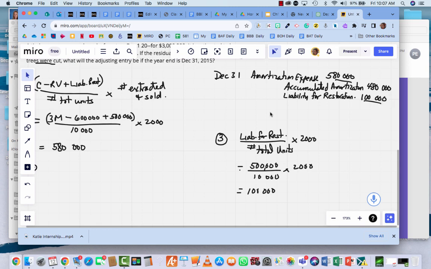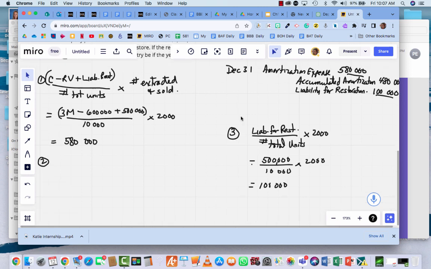So let's go back over here and just do our double check. So you don't have to calculate all three formulas if you're confident, but I like to do it as a check. The other way you can do it is just do all three formulas and then make sure your debits equal your credits. Okay, so our second formula is cost minus residual value divided by total units times the units extracted and sold.